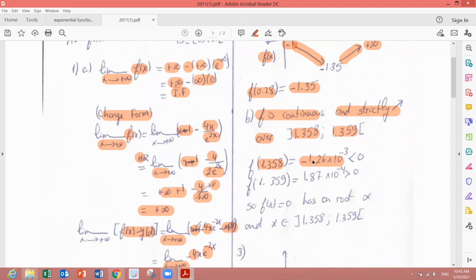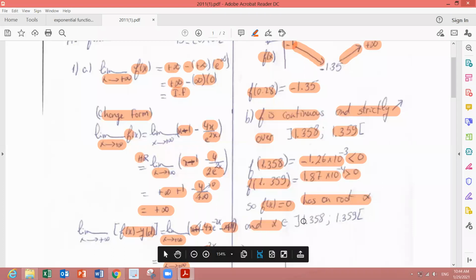Pay attention on the calculator whenever you write this one: don't only look at minus 1.26, look to the right also for times 10 to the power minus 3, negative. f of 1.359 equals 1.87 times 10 to the power minus 4, which is positive. Then we can say f(x) equals 0 has one root alpha, and alpha belongs to the interval [1.358, 1.359].